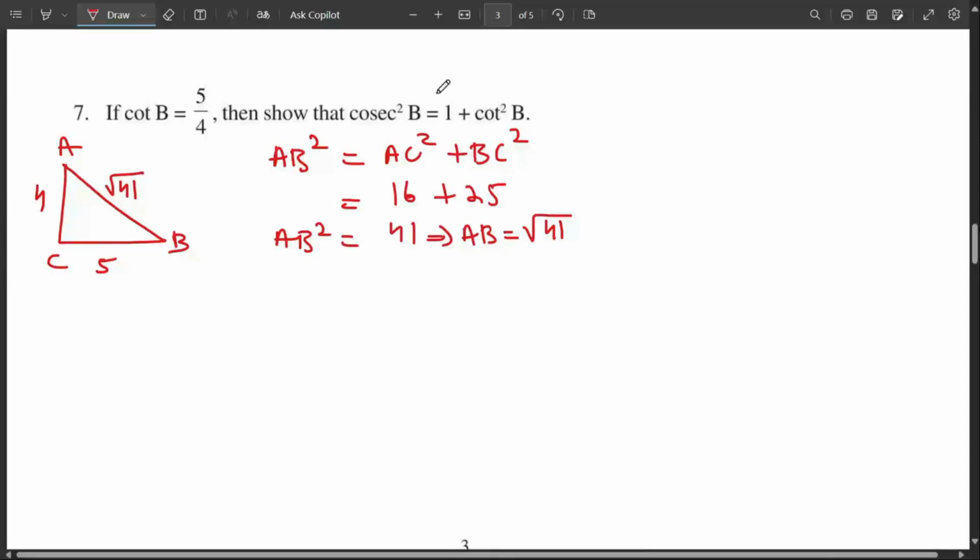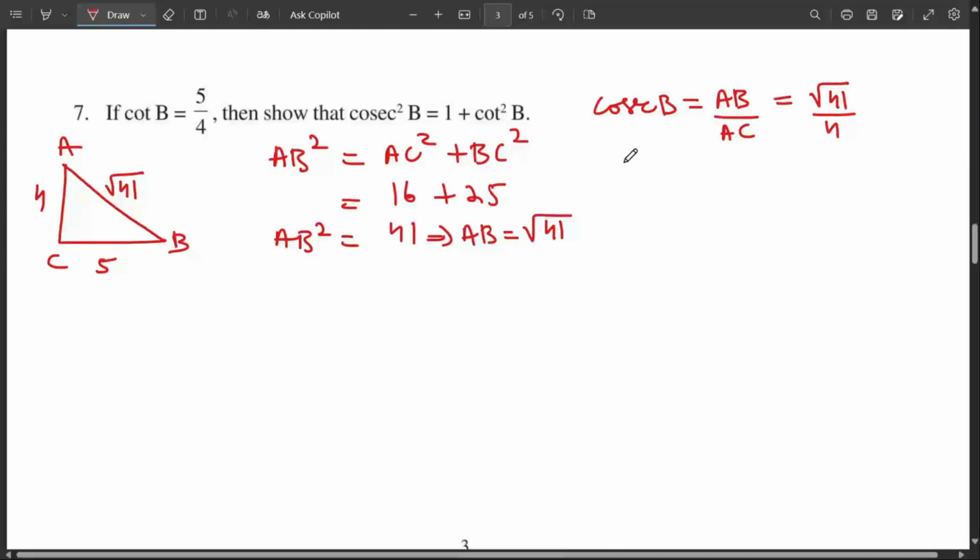So cot B is already given in the question, 5 by 4. So what will be cosecant B? This will be equal to hypotenuse AB divided by the opposite side AC. Hypotenuse is square root of 41 divided by AC, which is 4. Here we need to show that LHS is equal to RHS.